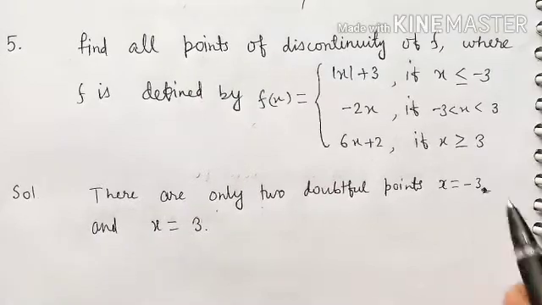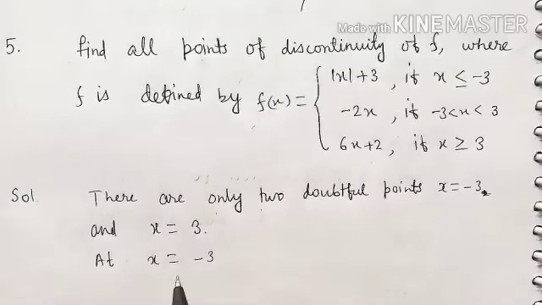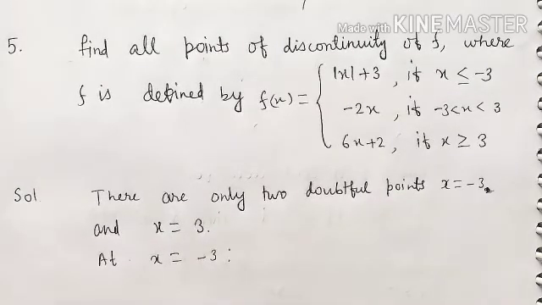So let us discuss x equal to minus 3. We can say generally a function is discontinuous at a point if, first, the left hand limit is not equal to the right hand limit, and second, if the limit exists, then the value of the limit is not equal to the value of the function.